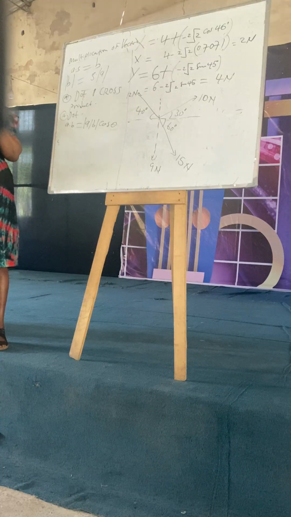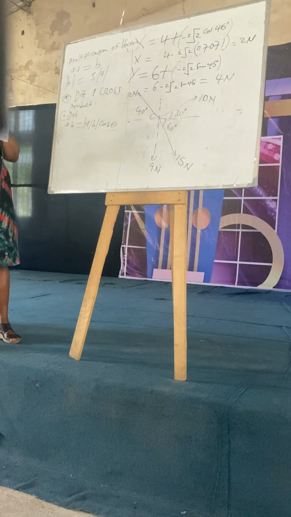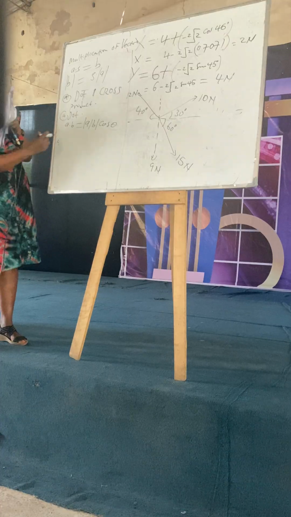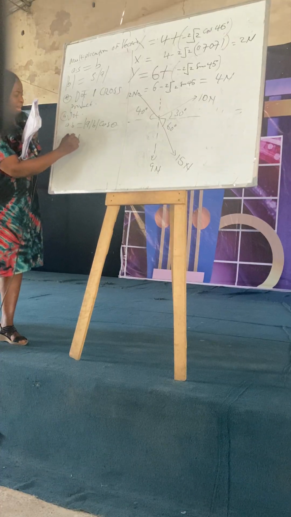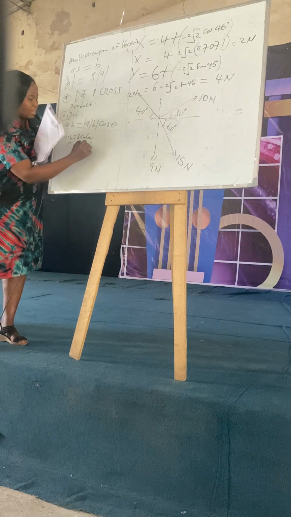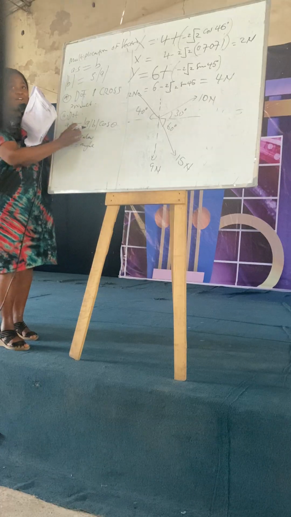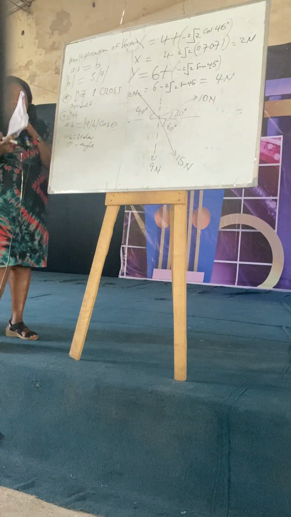Then we have the cross product, also known as the vector product. A dot B means a scalar. Theta means the angle or the direction. The dot product of a vector is defined as this.